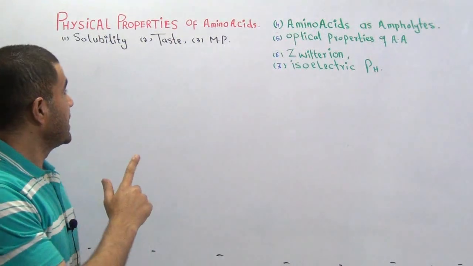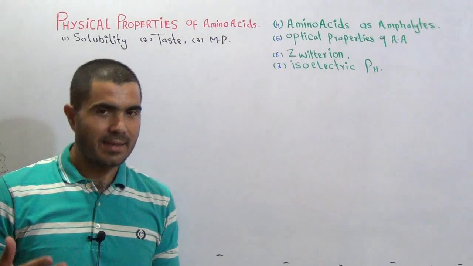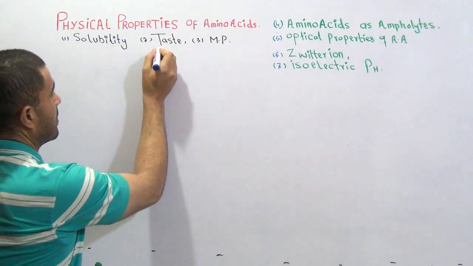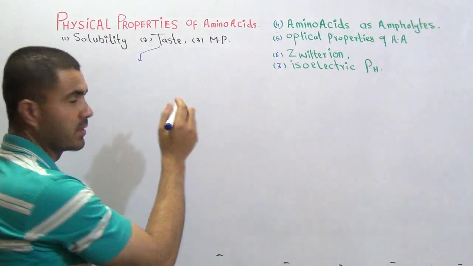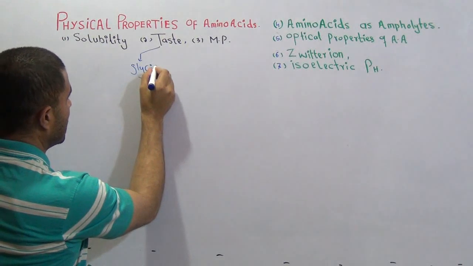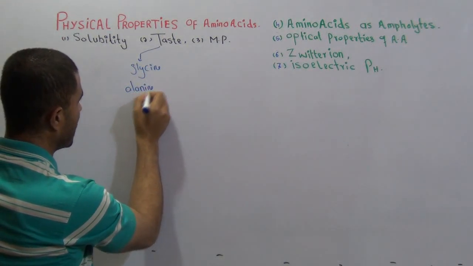Second, taste. Some amino acids are sweet, others are tasteless, and others have a bitter taste. You can write the names of those amino acids which have a sweet taste. They are glycine, alanine and valine.